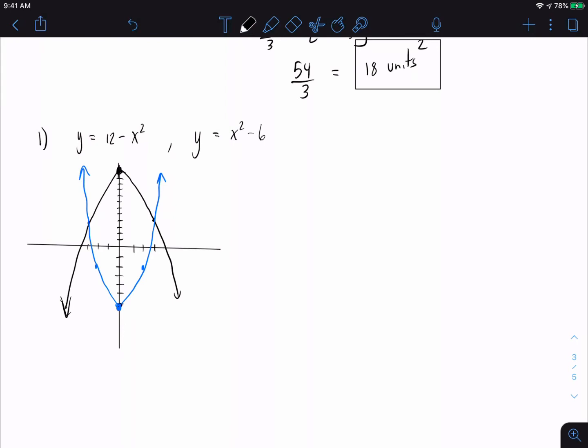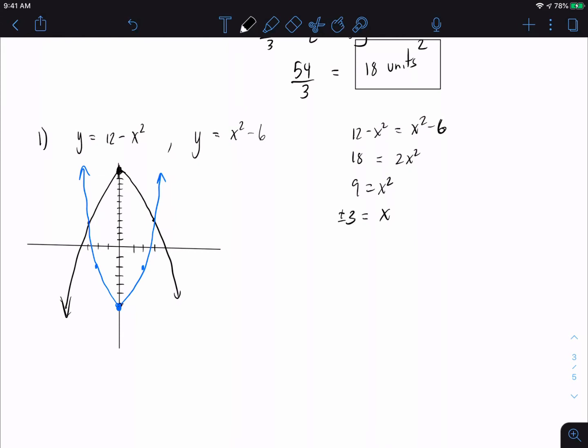And you guys know you can find the bounds also by just going 12 minus x squared is equal to x squared minus 6, right? So you're going to get 18 is equal to 2x squared, 9 is equal to x squared, and so x is equal to plus or minus 3.